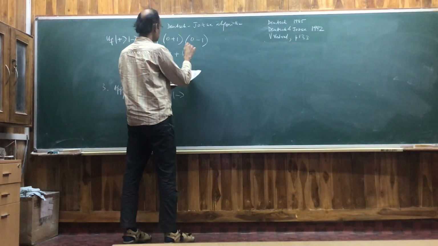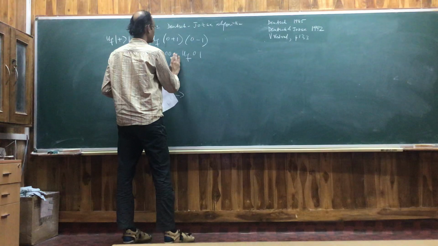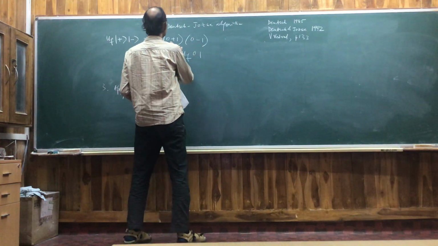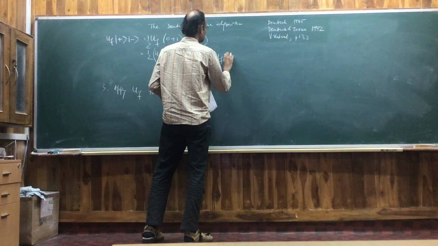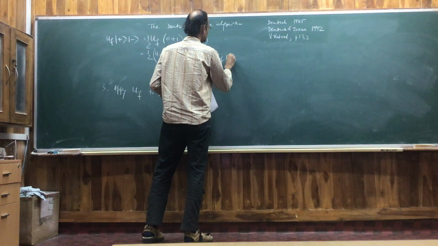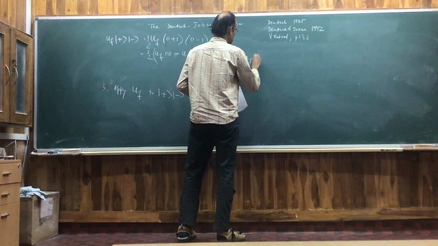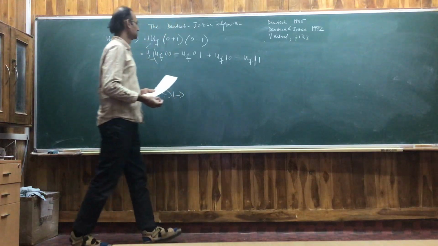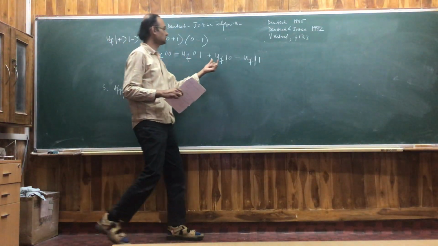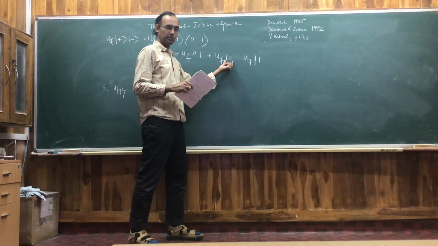UF is 0, 0 with a plus sign, 0, 1 with a minus sign, and then there's a 1, 0 with a plus sign, and there's a 1, 1 with a minus sign. You understand this notation here? This is an operator that is acting on a tensor product of two kets.